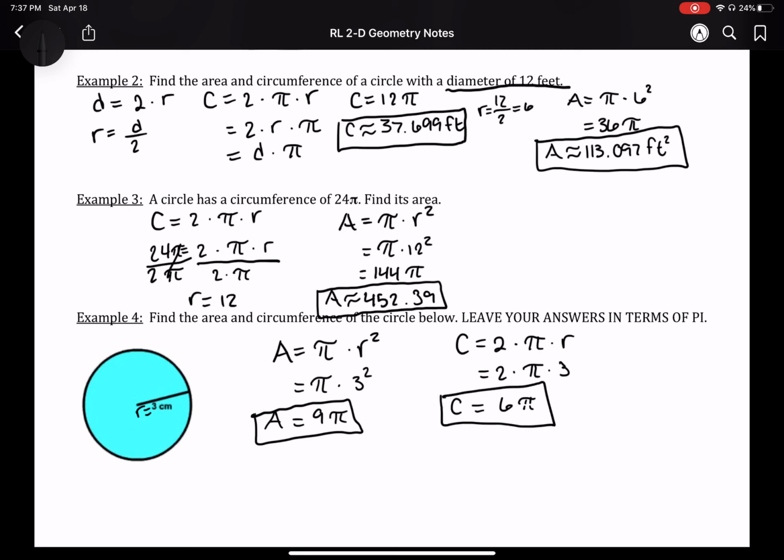And that would be it, except I just realized I forgot to add the units. So I'm going to add those in real quick. So the area is always squared, and we're in terms of centimeters. So we have 9 pi centimeters squared. And my circumference is 6 pi centimeters. And that fixes our problem, and now we are all set.